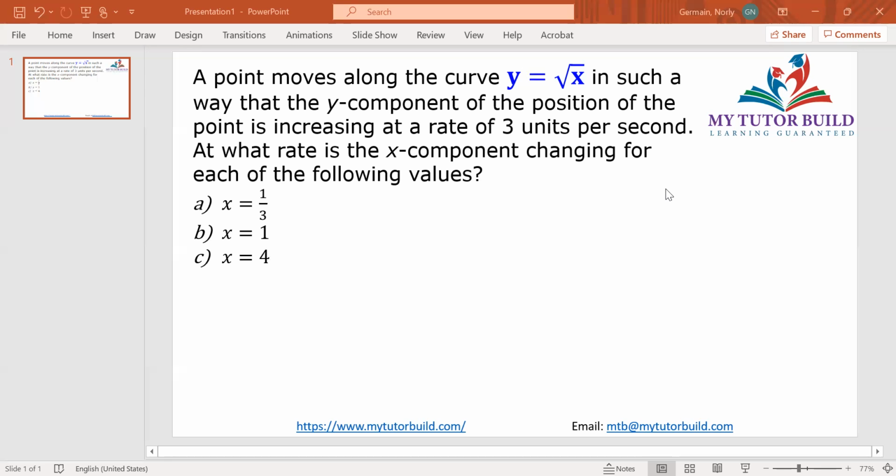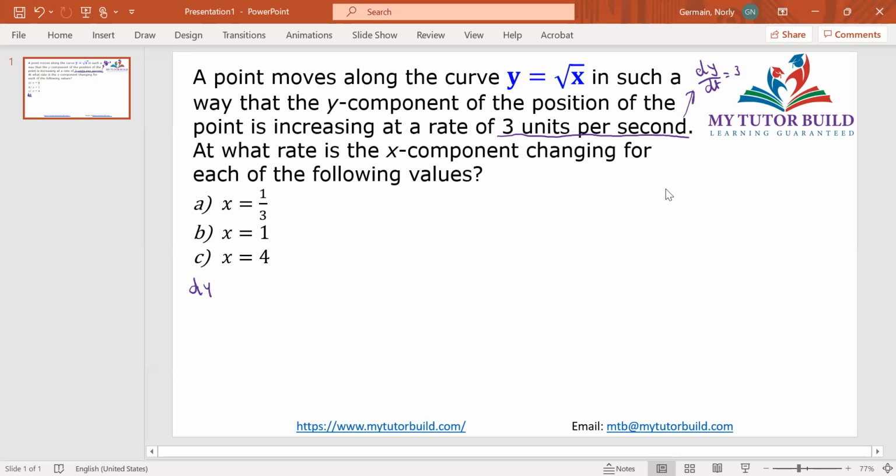So this 3 units per second represents dy/dt, which is 3, because they said it's the y component. At what rate is the x component changing, with respect to time also?